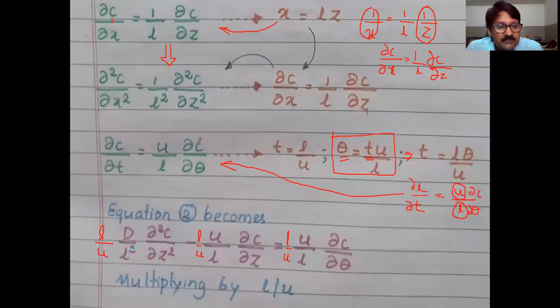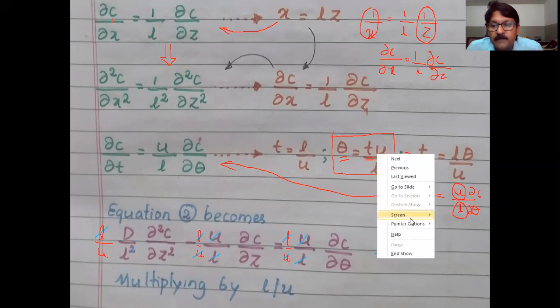You can see here this will get cancelled, this will get cancelled, this, this, this, this. Therefore, you will get D by uL.